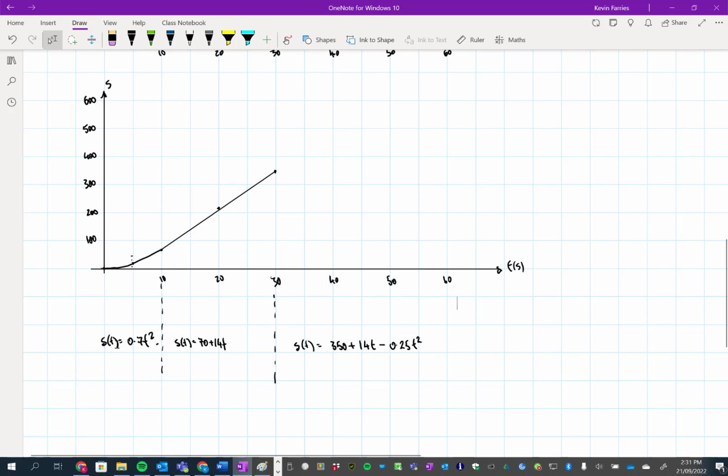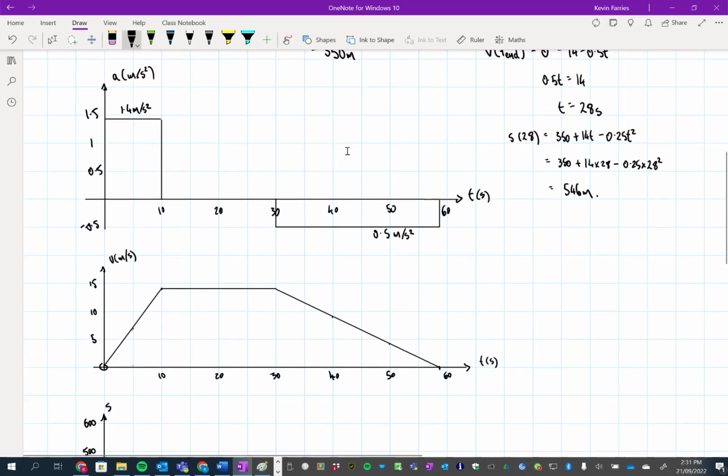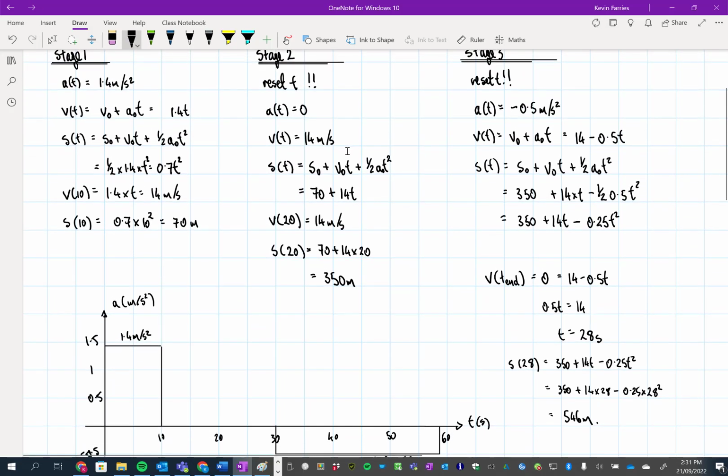It might be better if maybe we call this T1, T2, T3. I'll maybe go through the working just to make that clear. So this would be T1, all of these would be T1. It's just to make it clear that it's not the same, you're resetting that time. So that'd be T1, T1 here.